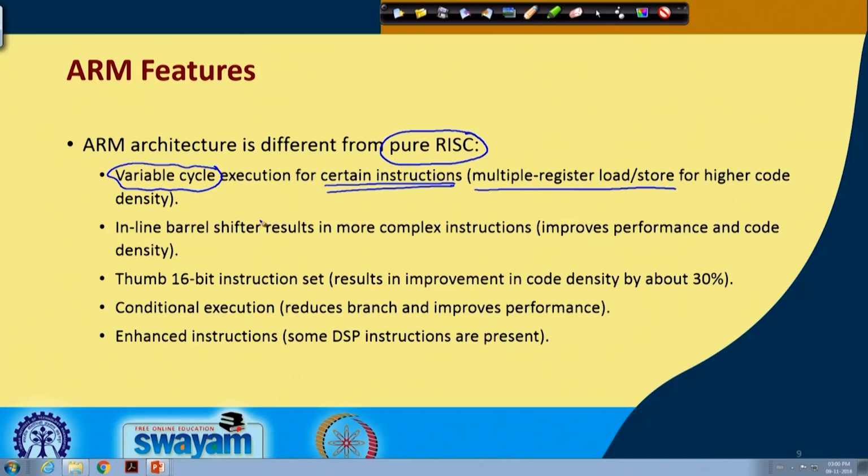And there is something called a barrel shifter, which is a very common architectural concept. A barrel shifter is hardware which allows multiple bit shifting very efficiently in a single cycle. This barrel shifter is part of the ARM architecture, and there are many instructions which directly utilize this barrel shifting capability. Let me take an example. Suppose there is an add instruction which adds 2 registers, let us say R2 and R3.